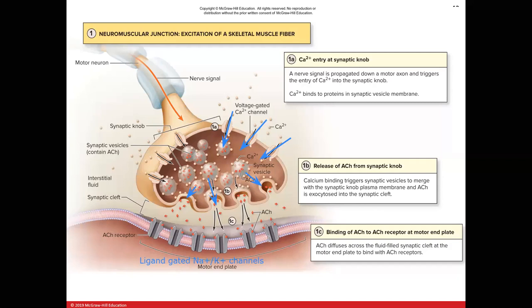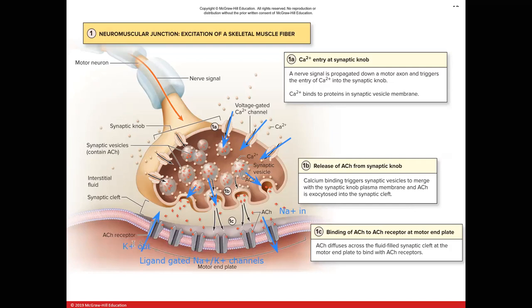I'm getting a little bit ahead of myself, but one thing we're going to see is that sodium is going to flood in and potassium is going to flood out. So we have sodium in, and at the same time, we have potassium out.